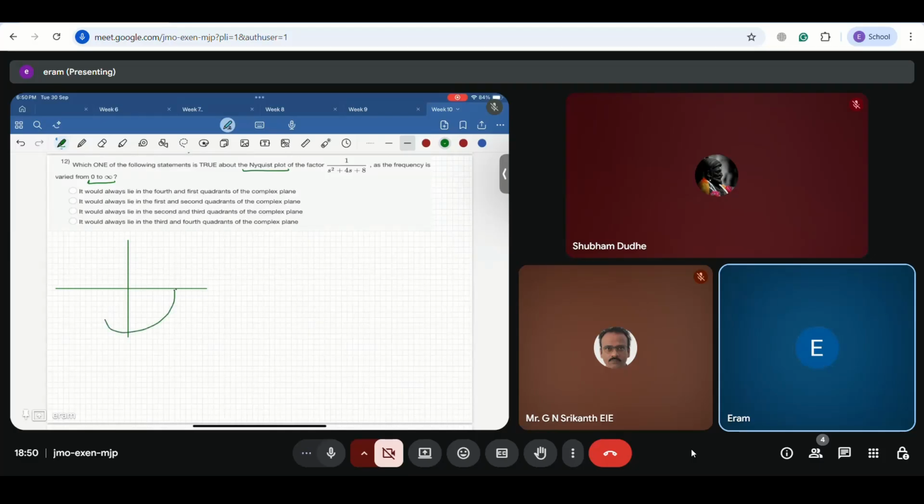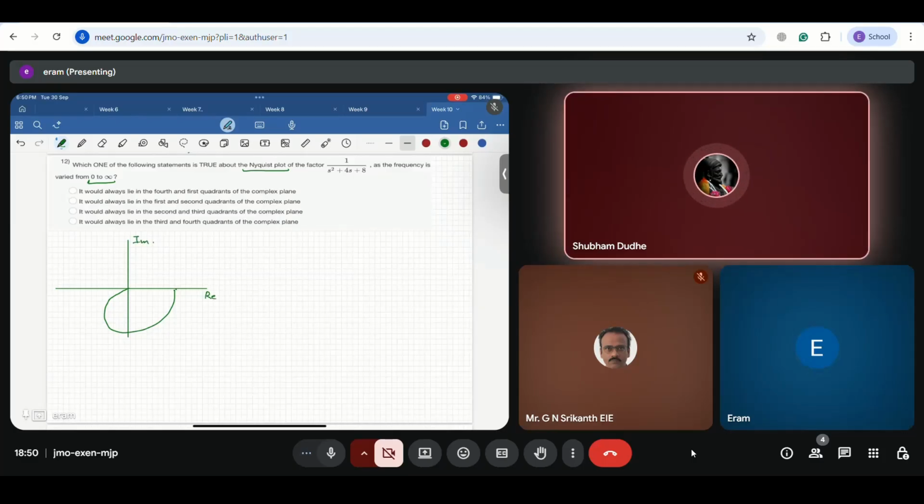It is going to be something like this. Okay, so this is a half cardioid.